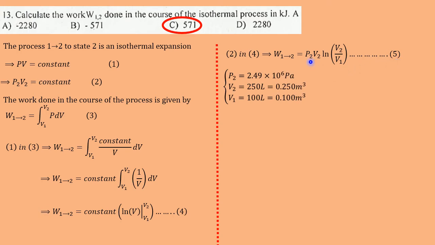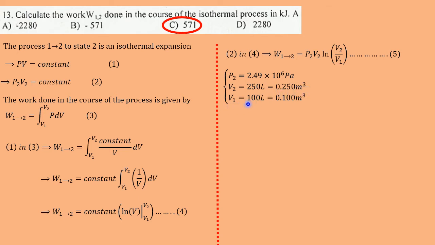Now at this point, we know P2, V2 and V1 here, so we simply find their numerical values. Now P2 is 2.49 times 10 to the 6 Pascal, which is what we had calculated in the previous question. V2 equals 250 liters, which was given in the previous question, and that is equal to 0.250 meters cubed when you divide by 1000.